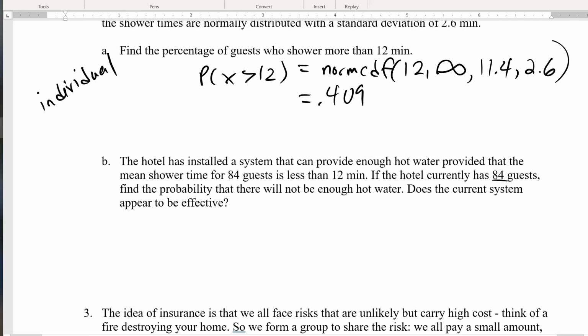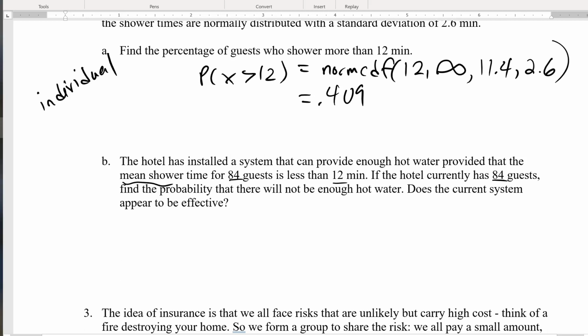Well, you're like, yeah, look, 40% of the people are going to use too much water. So 40% of the people use too much water, we're running out of water. Is that what this says? Well, not exactly, because this didn't say that each guest has to spend less than 12 minutes. They said 84 guests need to have an average or mean shower time less than 12.